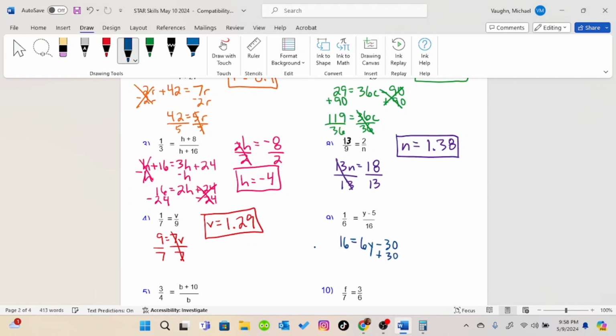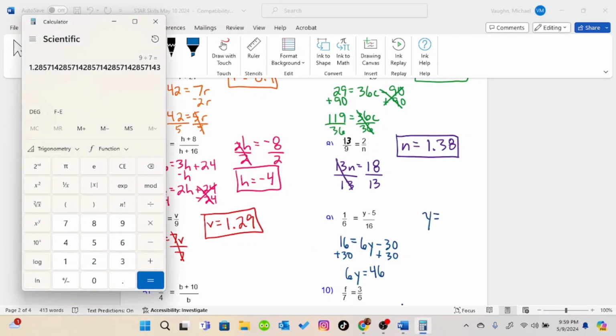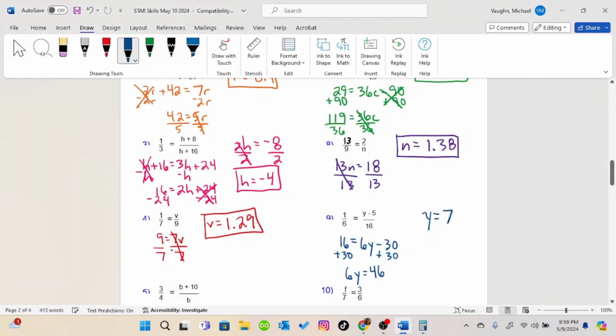We add 30 to both sides, and 6y equals 46. We divide both sides by 6, and we get y equals 46 divided by 6, which is 7.67.